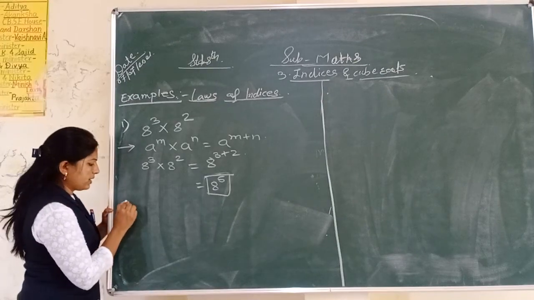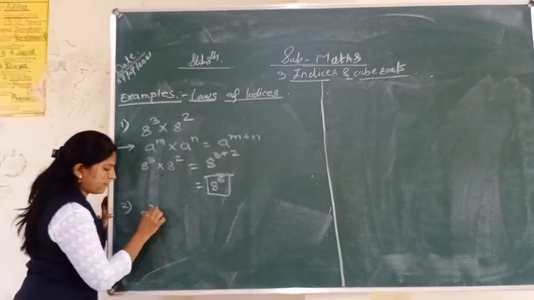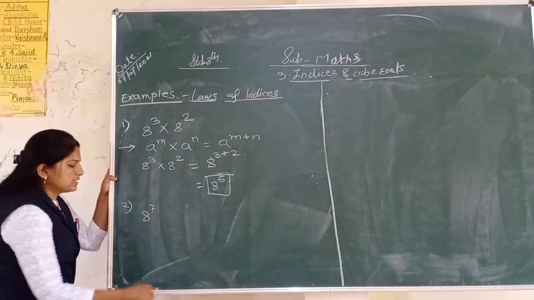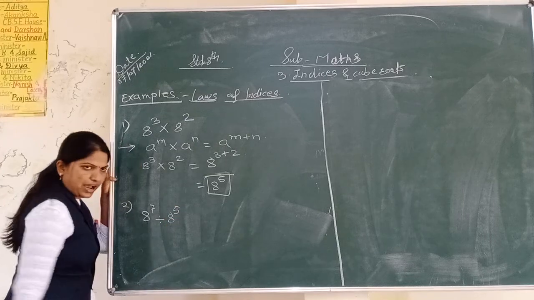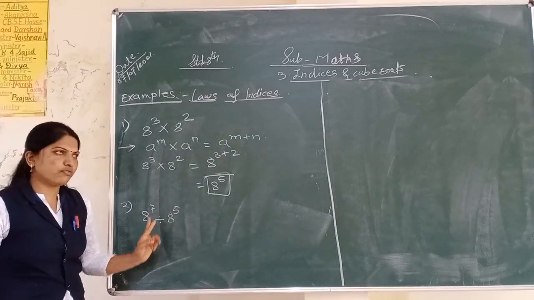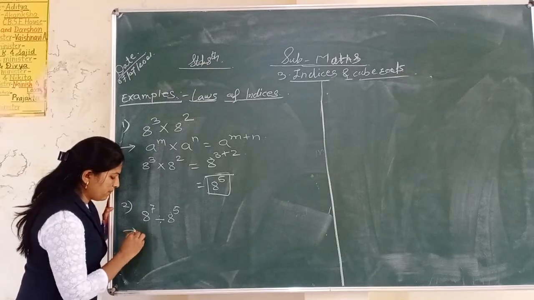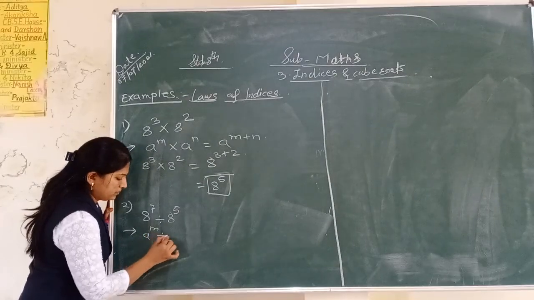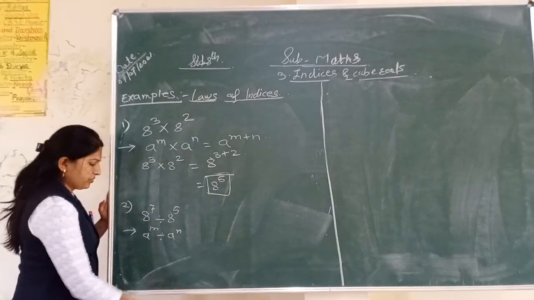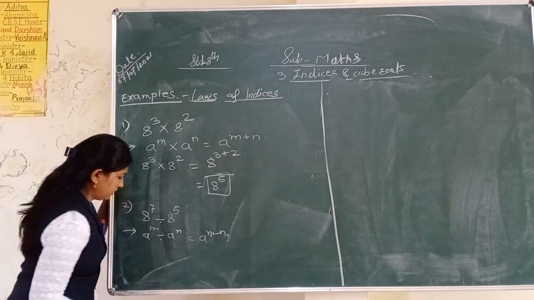Then second one, 8 raised to 7 divided by 8 raised to 5. This is the same base, only division is here. Write down that law firstly, a raised to m divided by a raised to n equals a raised to m minus n.